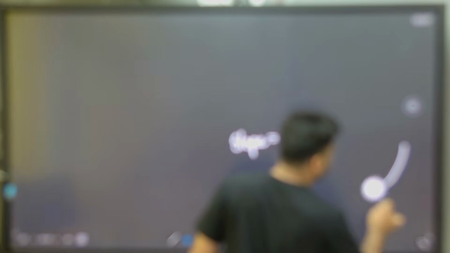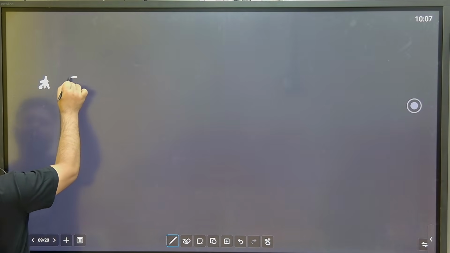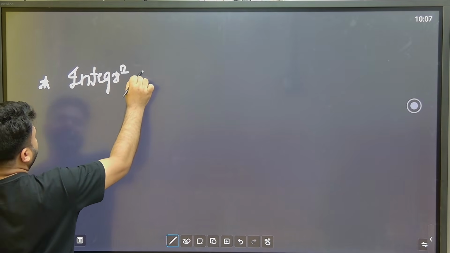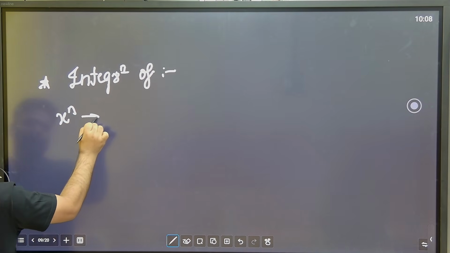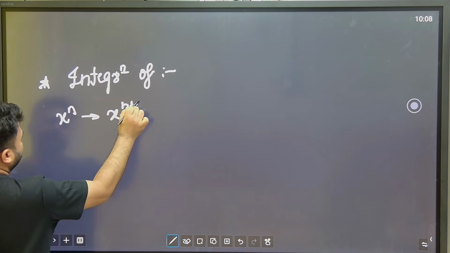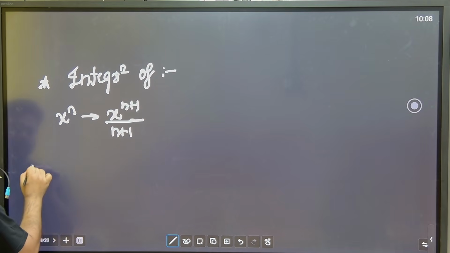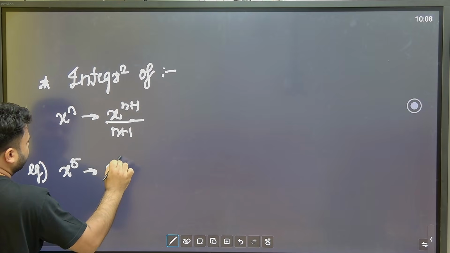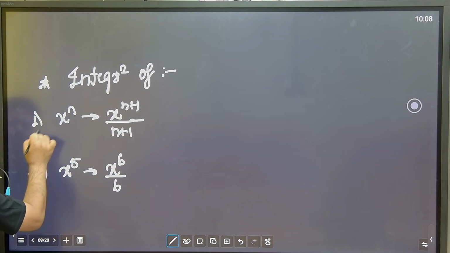You have to learn some formulas regarding integration, like in differentiation. Same here. I'm just writing some formulas. Integration of x to the power n is x to the power n plus 1 divided by n plus 1. It means if they ask the integration of x to the power 5, it is x to the power 6 divided by 6. This is the first formula.